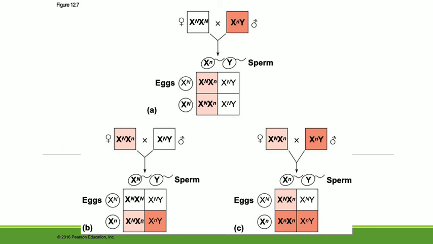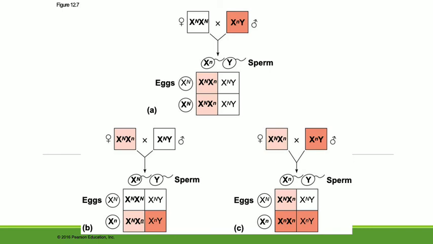The Y chromosome is not relevant, but we include it without a superscript because it doesn't carry the same genes, so it doesn't have the N that we're talking about. But we include it in the Punnett square because it gets inherited together with these, and it's to remind us that the offspring will be male.